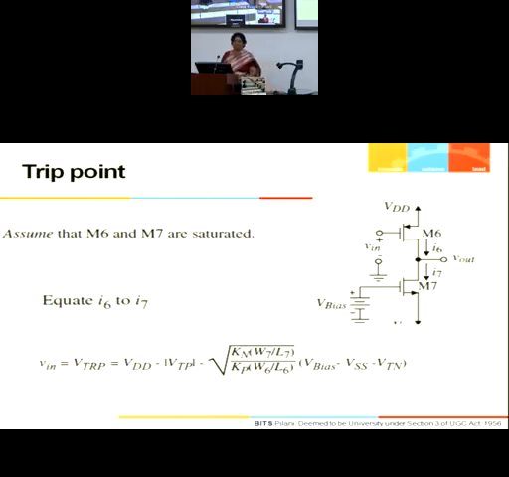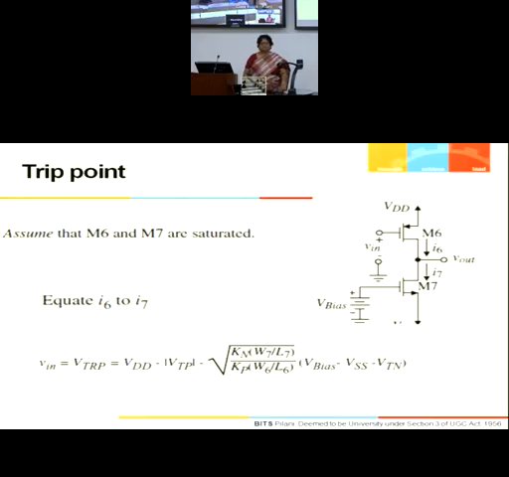Okay, so again we assume that in this situation, whereas in digital, we do not guarantee that both of them are in saturation. How do you find the switching threshold? We assume that both the load and driver are in saturation, because this is a point where we assume that V out is equal to V in. We define our switching threshold at a point where V in is equal to V out.